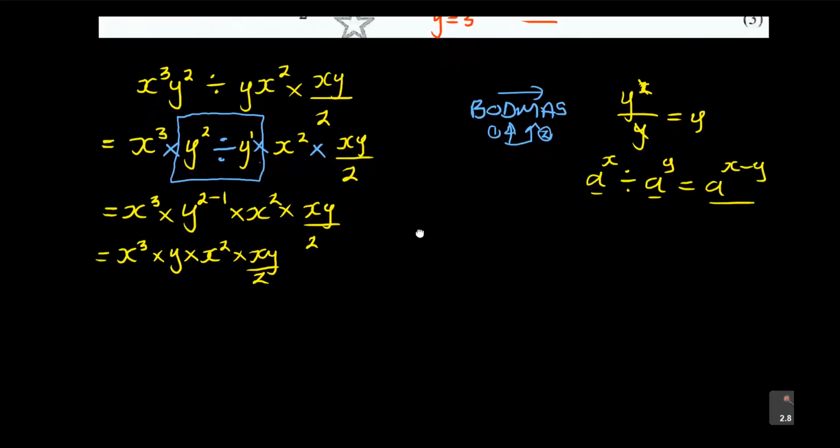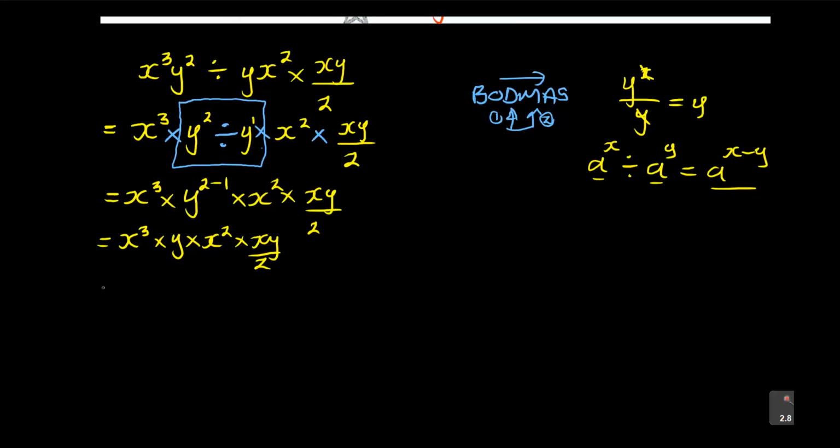Now I have to apply my laws of exponents here, which will be equal to x cubed, regrouping them, x squared, right, times, at this stage, now this 2 is more like dividing everything by 2, so don't worry about that. 2 is not an issue. So times x times y all over 2. The 2 is affecting everything there, so don't let it strain you.